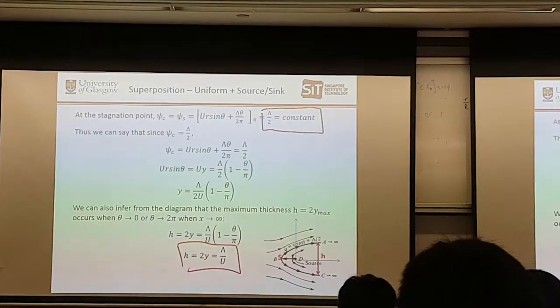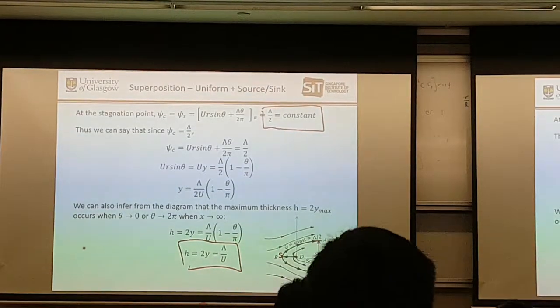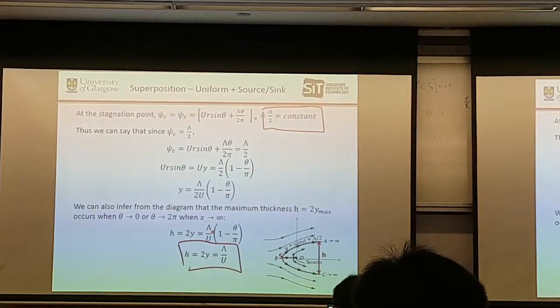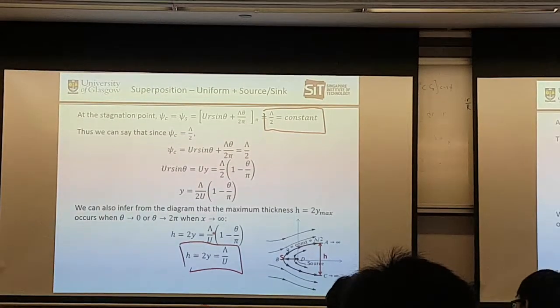These two are quite important. They tell us the characteristics of the Rankine half body that we want. So by doing this, I know the location of the stagnation point, and I also know the thickness of the Rankine half body that I want to find.